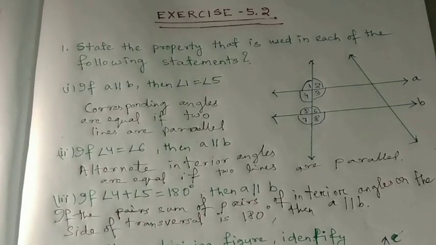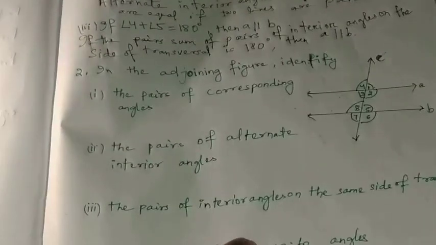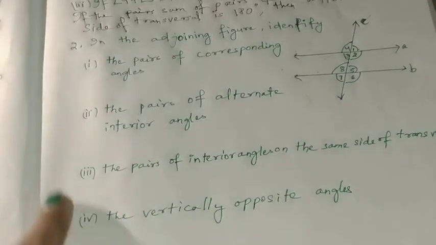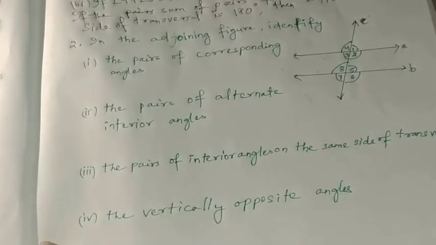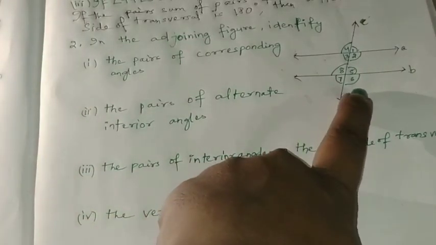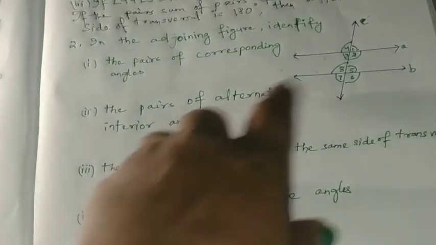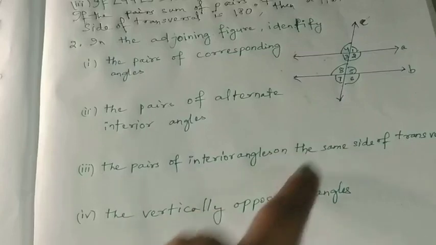Let's move to question number 2. What is written? In the adjoining figure, identify the given angles. Here A and B, two lines, are given, and C is the transversal line.